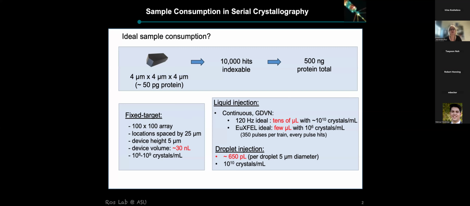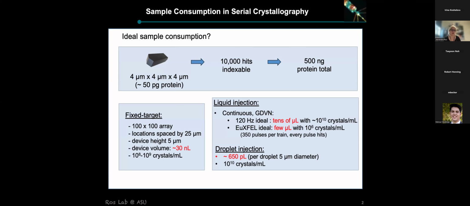At the European XFEL, the ideal sample consumption would then be just a few microliters with a lower crystal density. That's assuming that we have these pulse trains that have megahertz-spaced pulses, about 350 or so currently at the European XFEL.